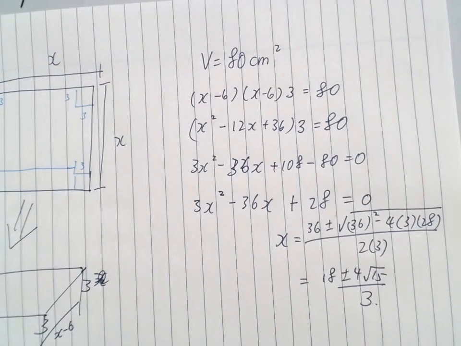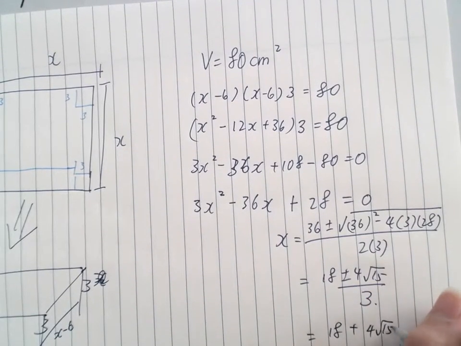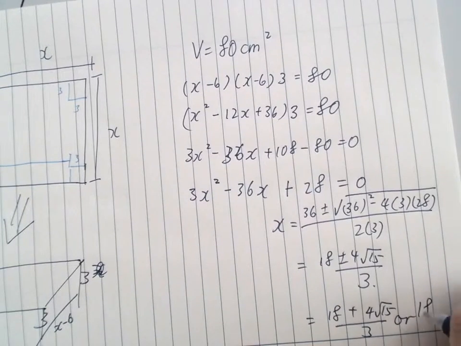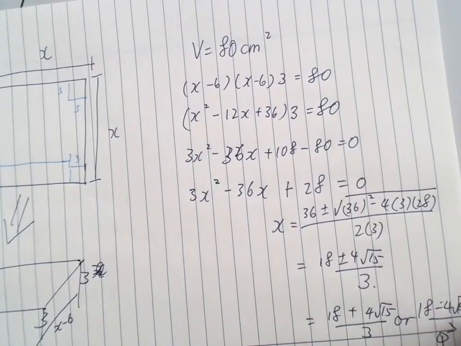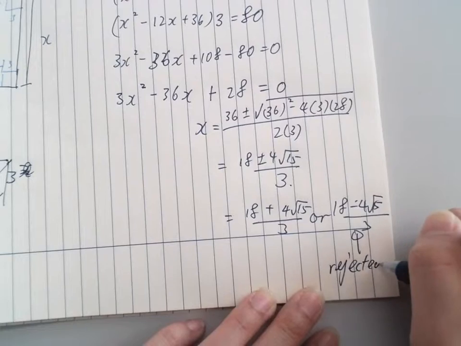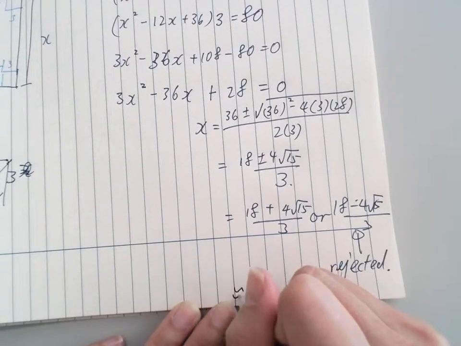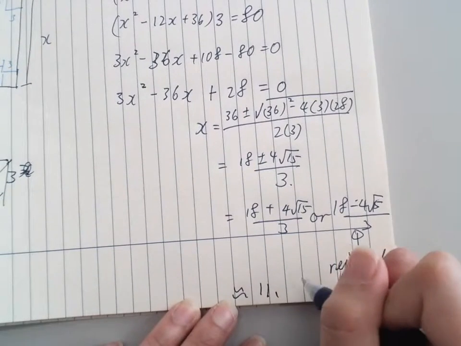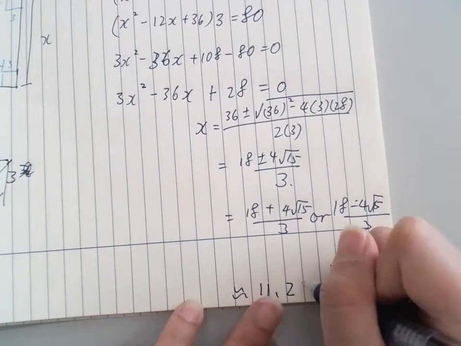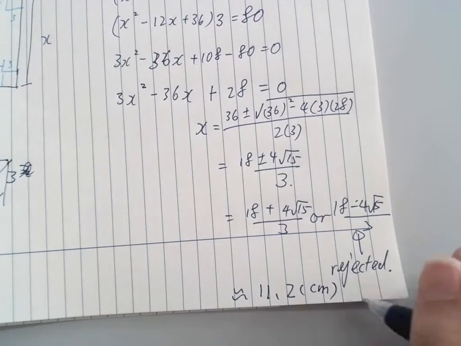And we've got to reject the negative number. And then you come up with a decimal for it. Is it cm? Yep. Okay, that is the word problem.